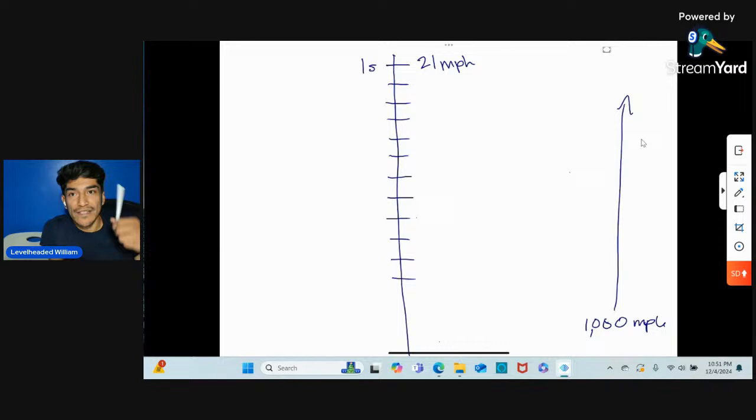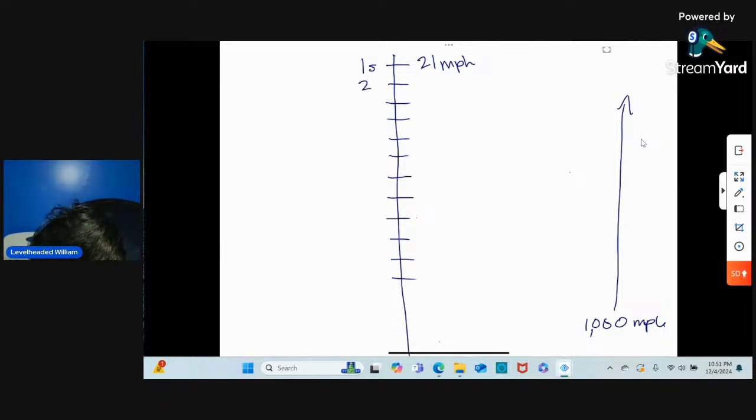So it doesn't matter if the Earth is moving at 1,000 miles an hour and there's a difference in speed of 21 miles an hour, then obviously that leaves us with 979 miles per hour, right? That'll be the difference in speed. But again, we're measuring the deceleration rate, the difference in speed between the two. So in the first second is 21 miles an hour.